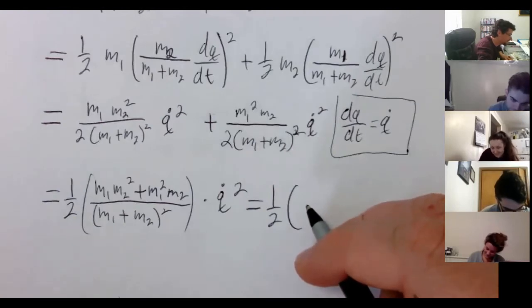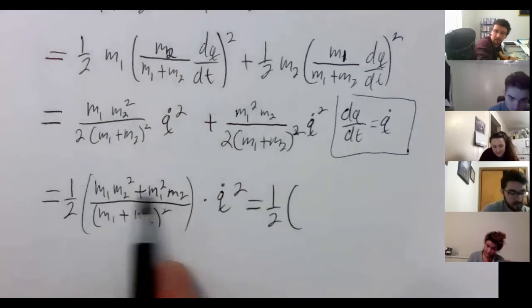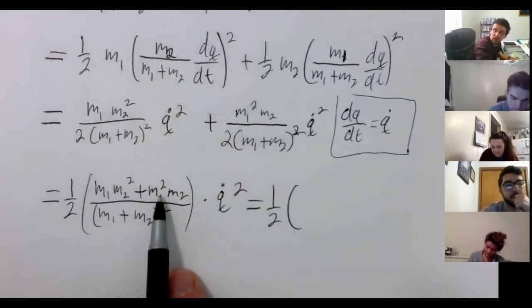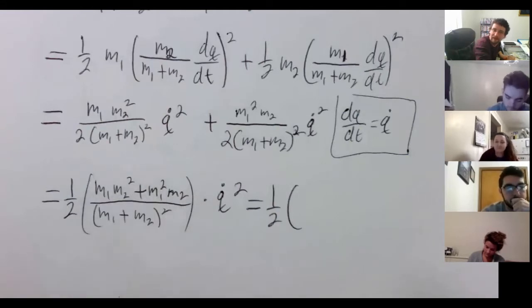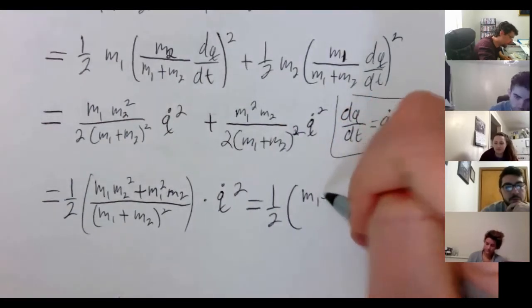If we factor this, what can we pull out of here? We get m1 plus m2.